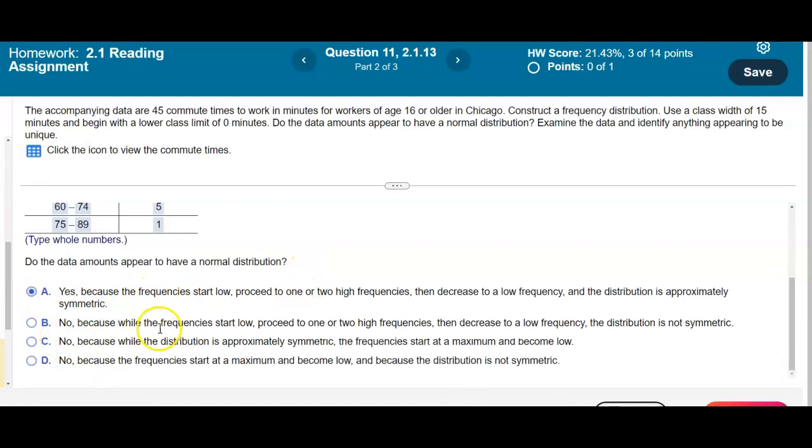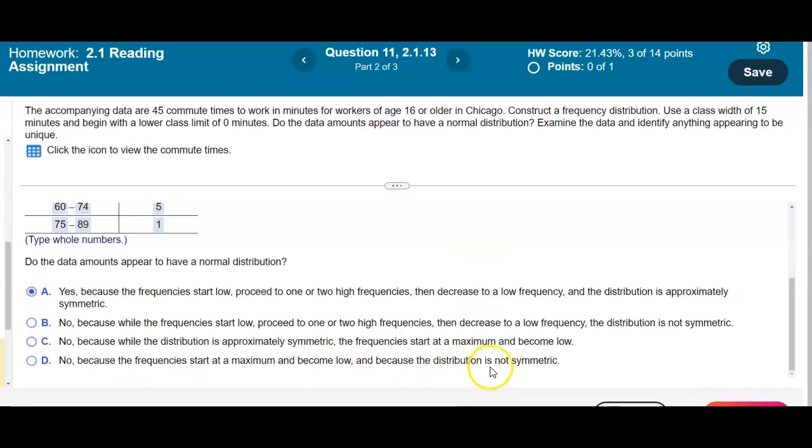Do we say no because while the frequencies start low, they proceed to 1 or 2 high frequencies, then decrease to a low frequency, but the distribution is not symmetric? Or no because the frequencies start at a maximum and become low?